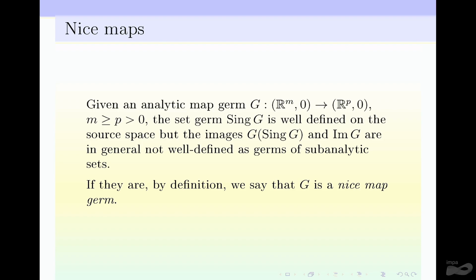So we need to fix these things somehow. And we say that a mapping is nice if the image of the discriminant set, actually you change a little bit the definition of the discriminant set, but when the image of the discriminant set and the image of the mapping both are well defined as a germ of set, we will call such a mapping a nice mapping.